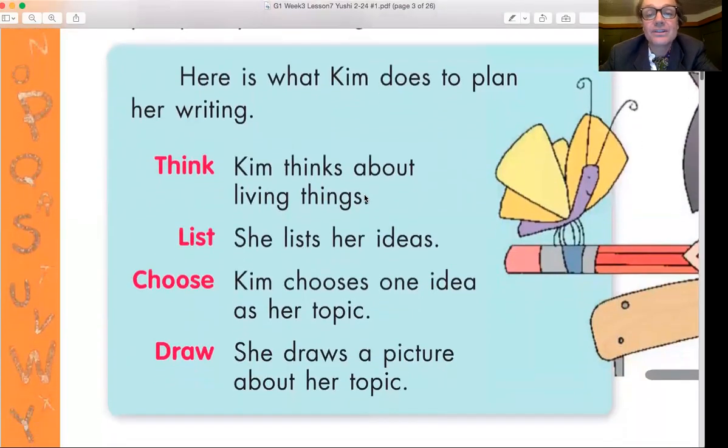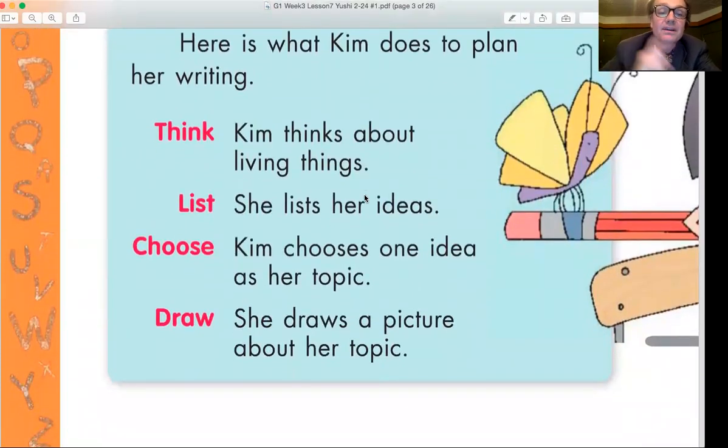So here's a good example. Think. Kim thinks about living things. List. She lists her ideas. Choose. Kim chooses one idea as her topic.